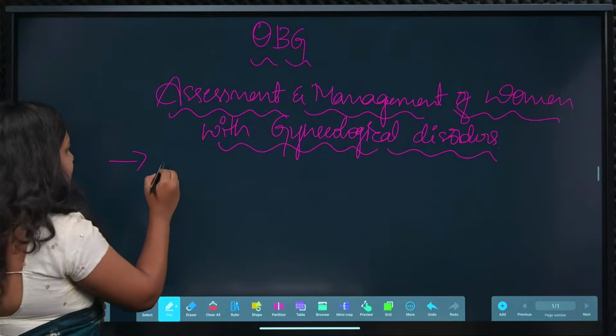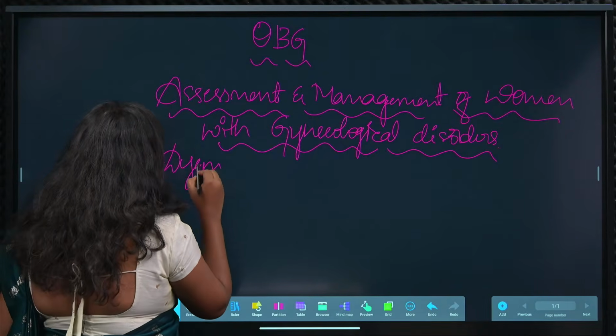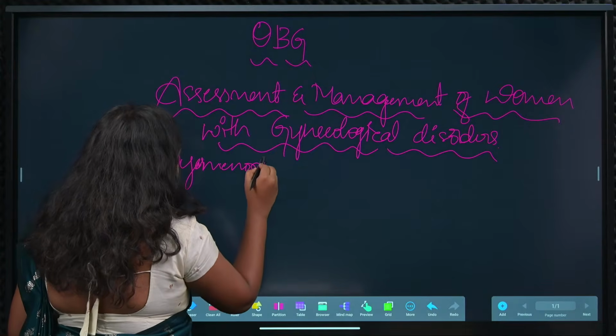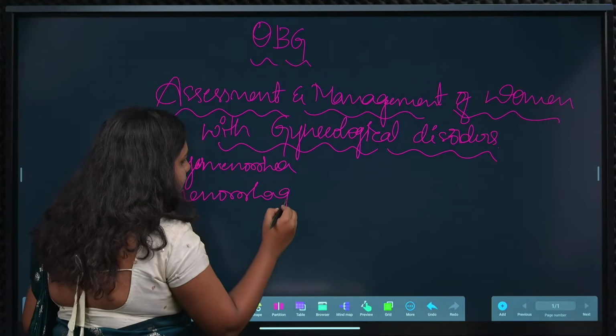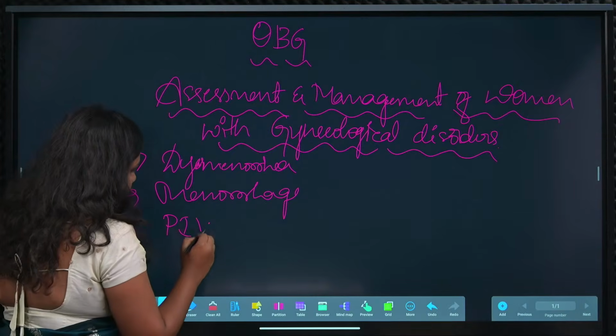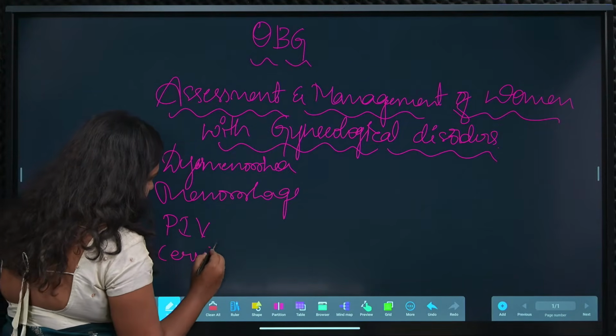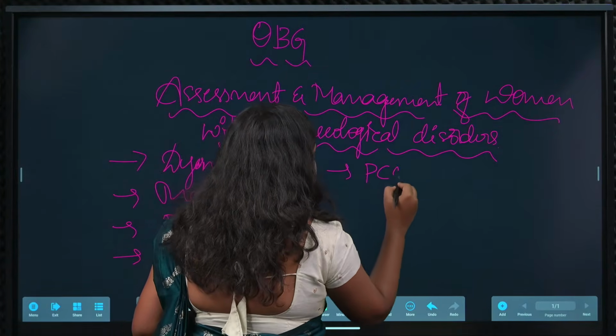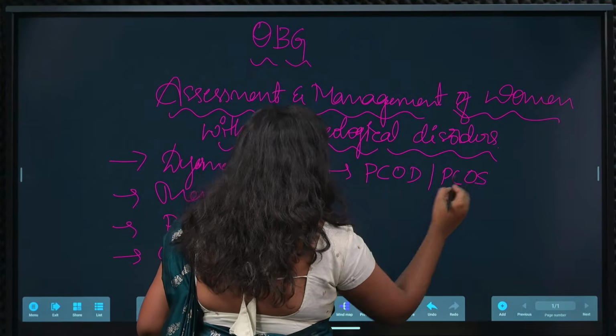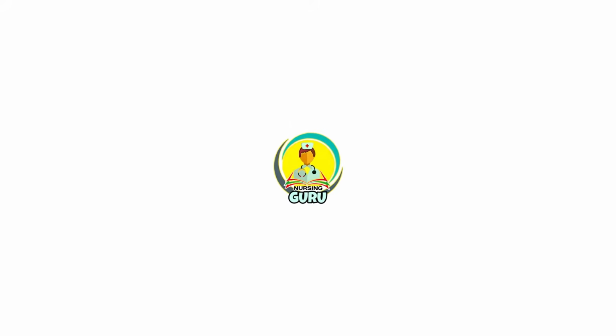We can see dysmenorrhea, menorrhagia, PID, cervical cancer, PCOD or PCOS, then breast cancer, and amenorrhea.